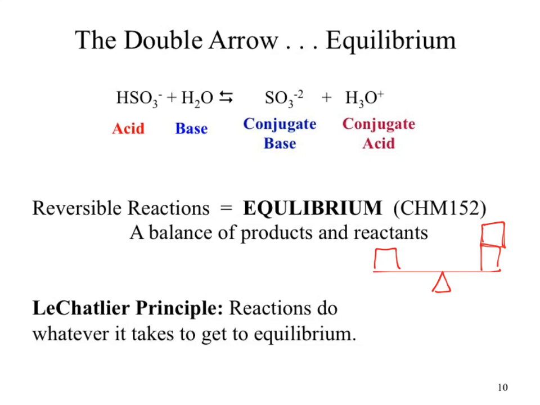So this is one of the kind of interesting, you could even call it artificial intelligence almost of all chemistry. We strive for that balance. And if we mess it up by tweaking some system with it, the reaction on its own will re-equilibrate. We'll reach that point where it's balanced. What does the reaction have to do in this case to make that happen?